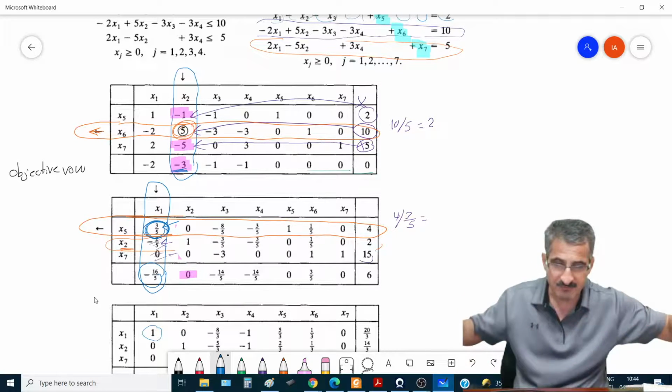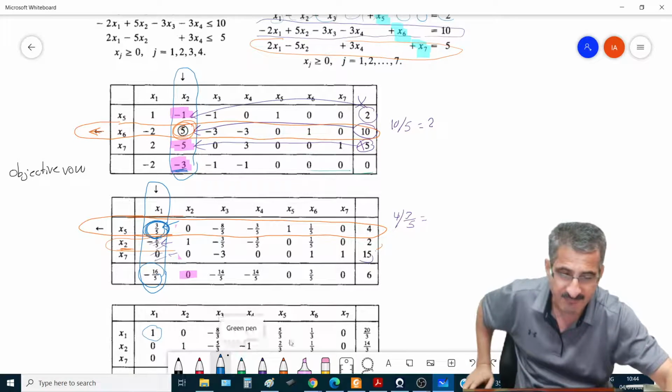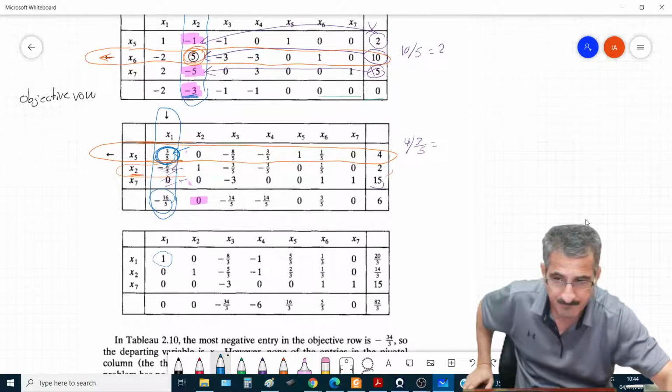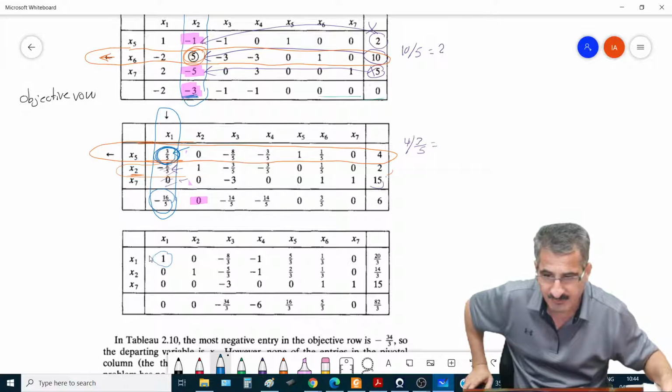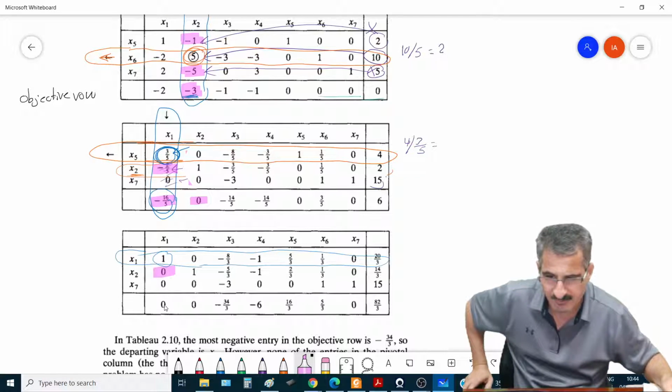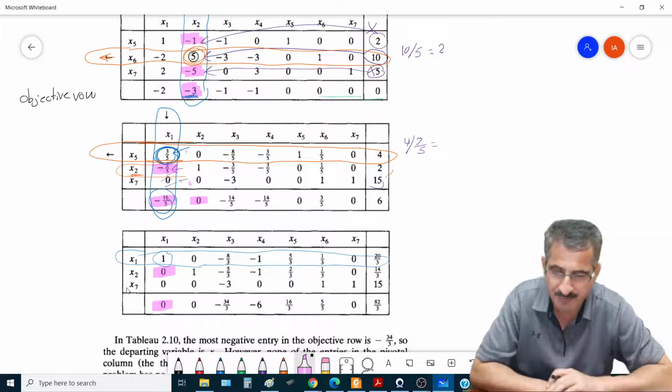So divide everything in that row by 3 over 5. Then we get this new row here. And now use this new row to make this one here and this one here 0. Right? They are 0 now. Row operation, okay, done.